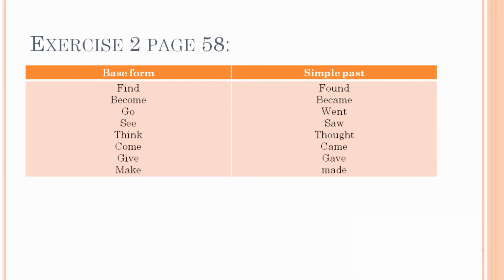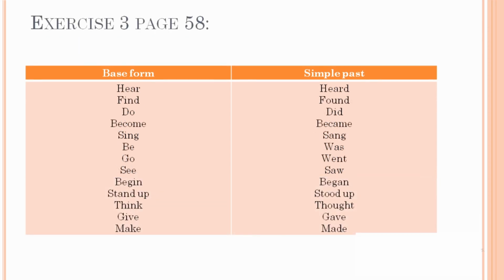So we need to go back to the article on page 57 and look for the irregular past forms. Let's do that. I already made a list, but we need to find them in the text. So we're going to do that quickly.